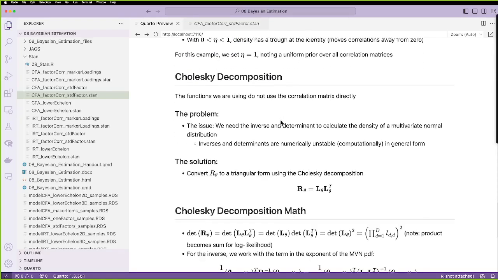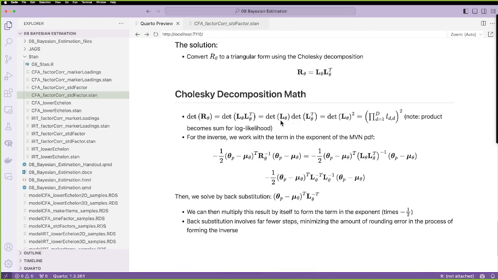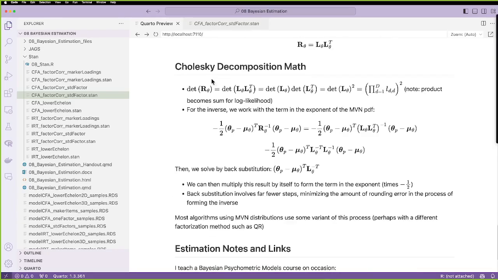It turns out for each of these, both the inverse and the determinant, it's a lot easier to work with matrices that are triangular, lower triangular, to build this. Because here, take a look at the determinant of the correlation matrix, or the factor covariance matrix.